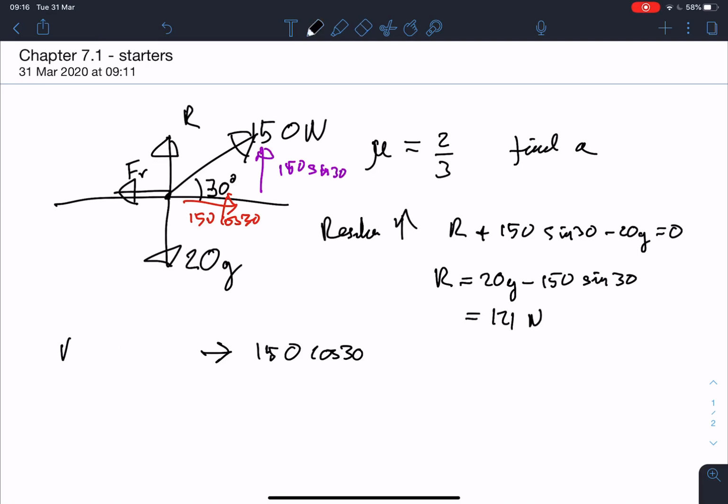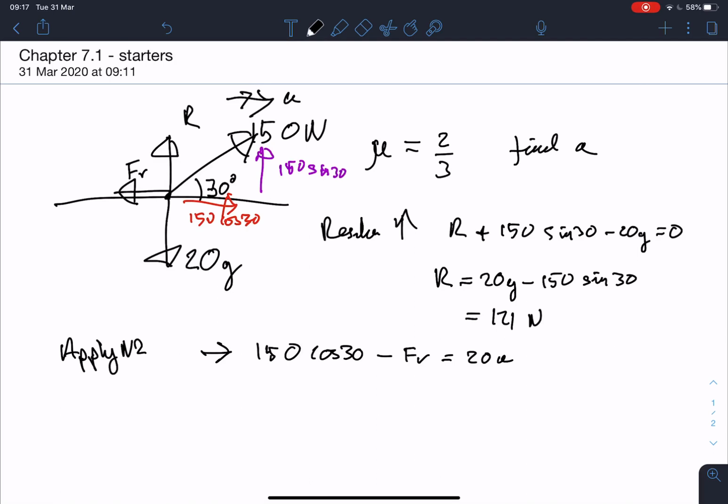If we resolve horizontally, we get 150 cos of 30. Well, not actually resolve, it's going to be apply N2 because we've got an acceleration. So apply N2.